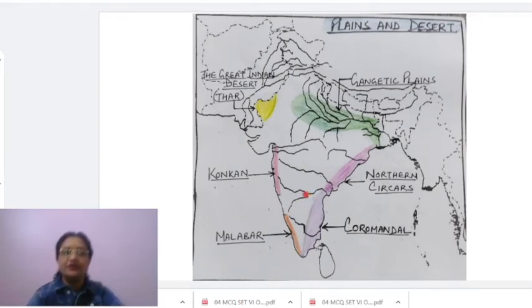From this point, if you draw a straight line towards the western coast, you will be getting a point where this coastline is intersecting, right? This is a point till where you should mark the Konkan coast. Have you all understood now? Till this point you should mark Konkan coast, right?